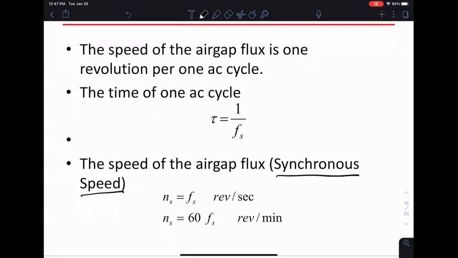As a reminder, the question is: if the machine is turning exactly at the synchronous speed, is there a power exchange?